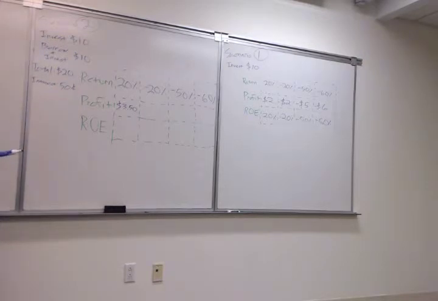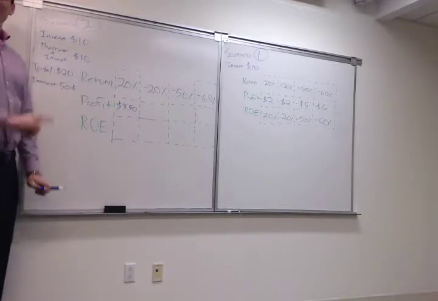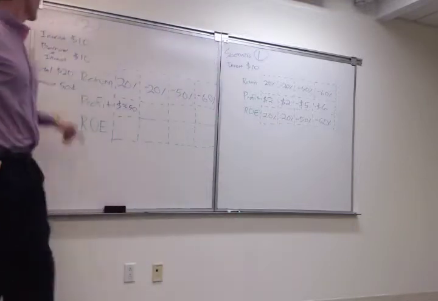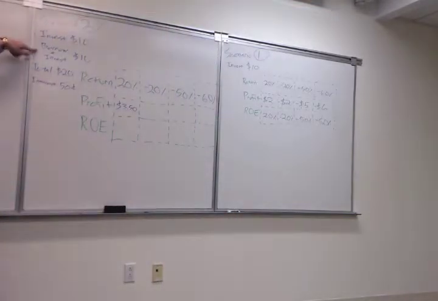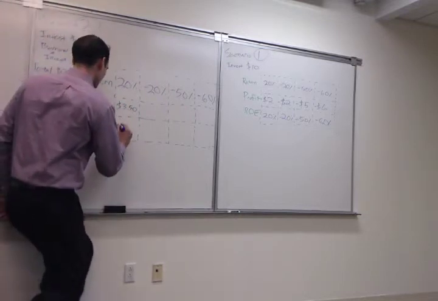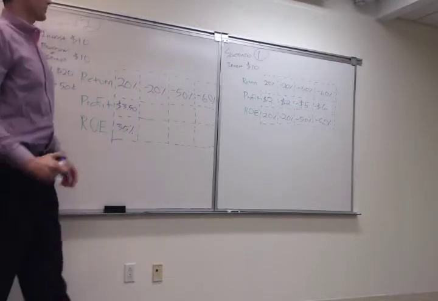And equity is going to be, I'll give you 2 choices. It's either going to be $10 or $20. It is not 20. So what does that leave us with? $10. All right, so we had $10 of our own money at stake. Where did we get the other $10? We borrowed it. So this is our equity, and this extra $10 is our debt. So our ROE is going to be $3.50 divided by 10, which is going to be 35%.